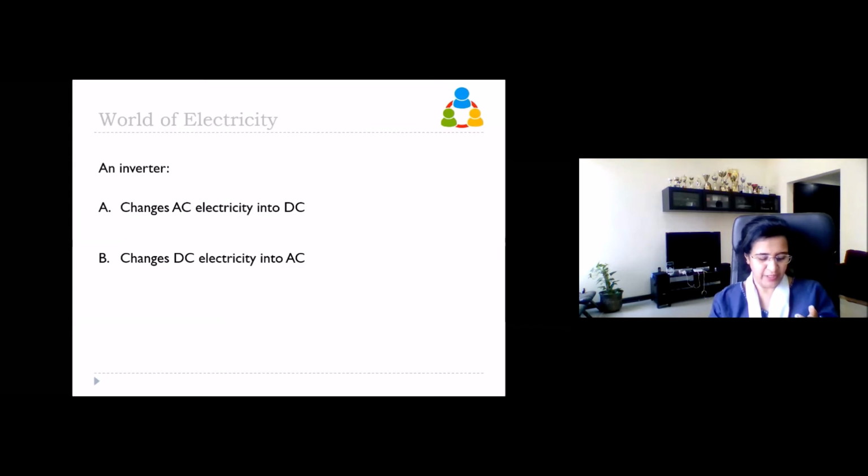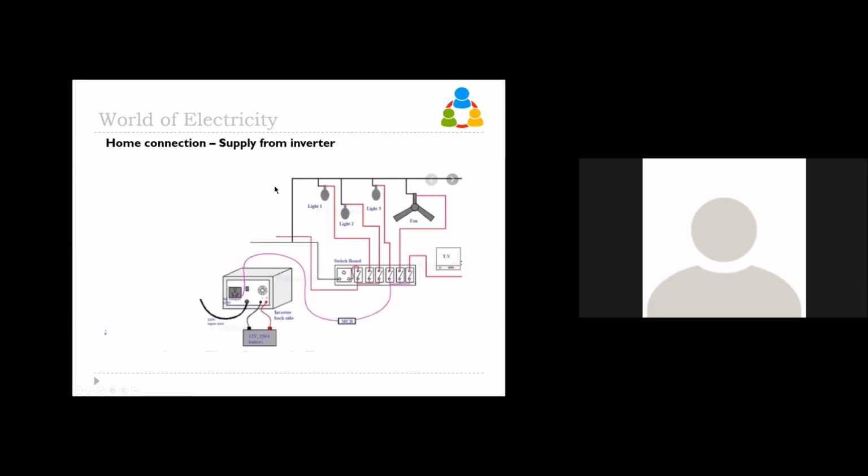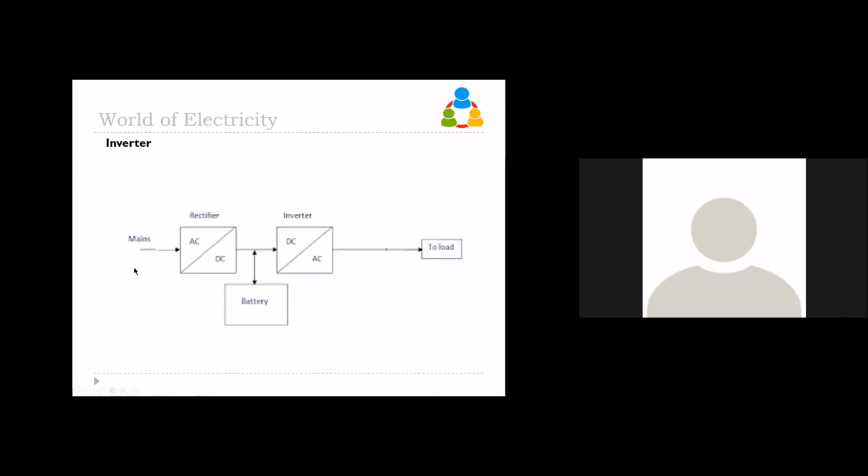Vinayak, what was your question? I thought MCV was first. Vinayak, you want to unmute and say what you meant by MCV was first? Vinayak, you're talking about this one?